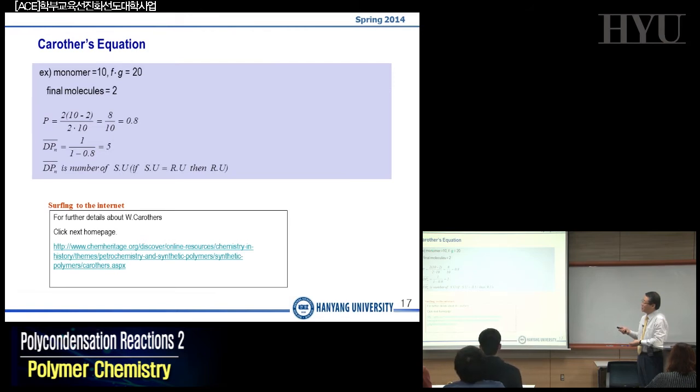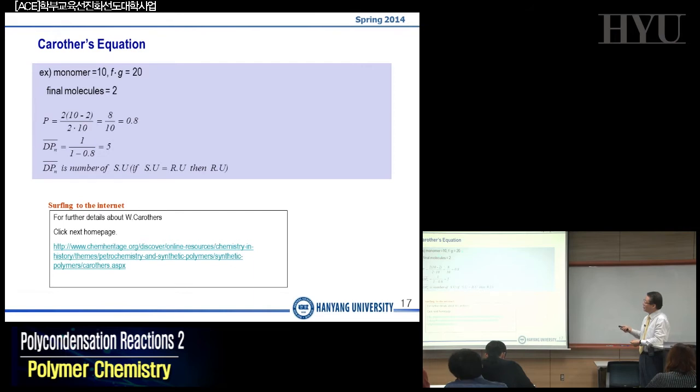If the functional group count is equal to 20, meaning that this is bifunctional, if you have 2 functional groups in your monomer, your functional group count is the number of molecules multiplied by the number of functional groups per monomer. So the final functional groups that are left is about 20.